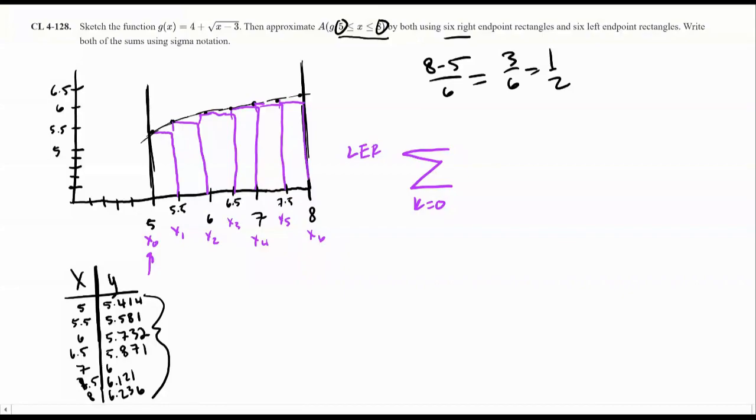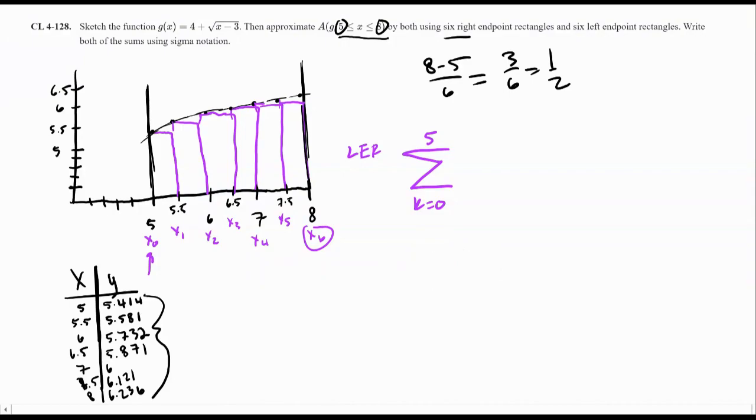The last x value, x sub 6, is not being used, which is why I'm only going to use k equals 0 through 5, because I'm using 6 rectangles: 0, 1, 2, 3, 4, and 5. There are 6 numbers here.